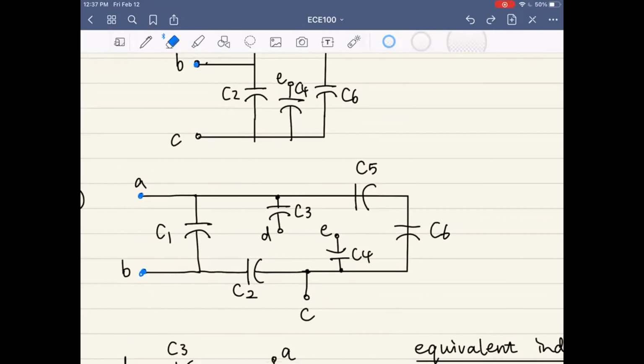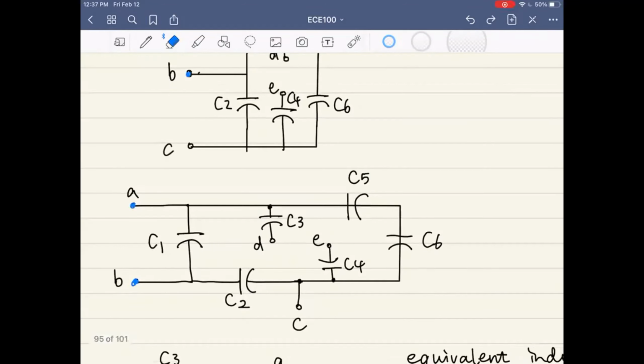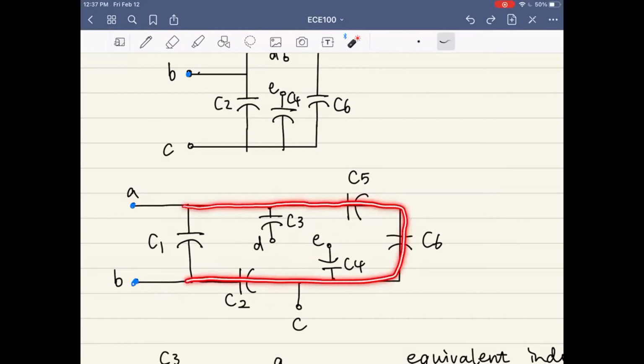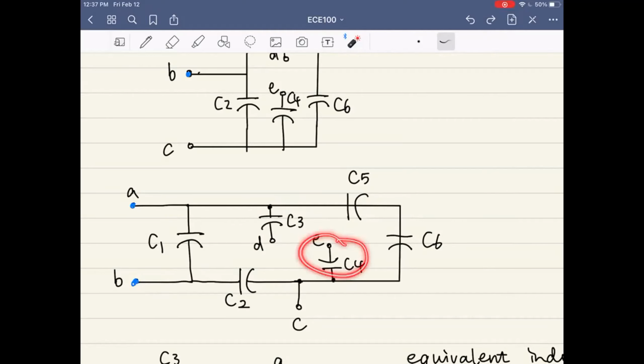You see that C is hanging outside, so we don't care about it because we are looking from A and B. Similar for terminals D and E: the electrons are running in the wire, and they don't care about C3 and C4 here.